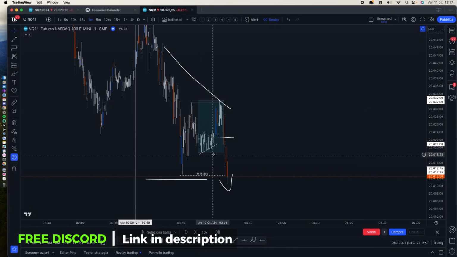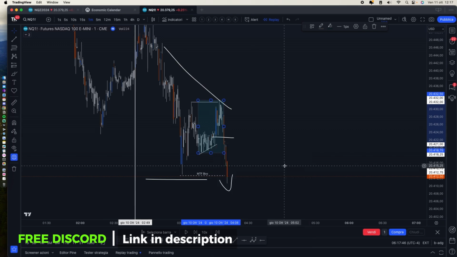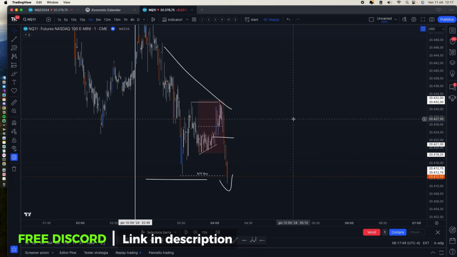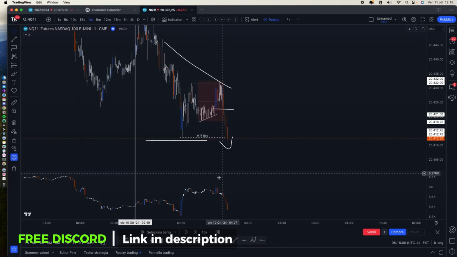Okay, so this is a very good supply zone. Also the supply and demand concept, order block, everything belongs to volumes. Here I know that we are inside a good zone because we have bullish pressure that tries to push the price higher.